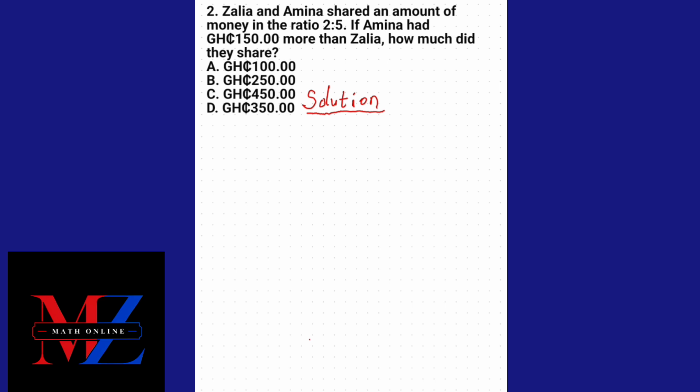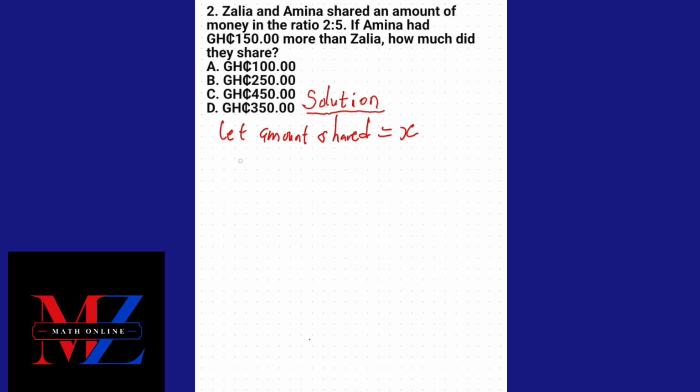Now, since we don't know the amount they shared, let's represent it by a variable, say x. So let the amount shared be equal to x. You can represent it by any variable of your choice.